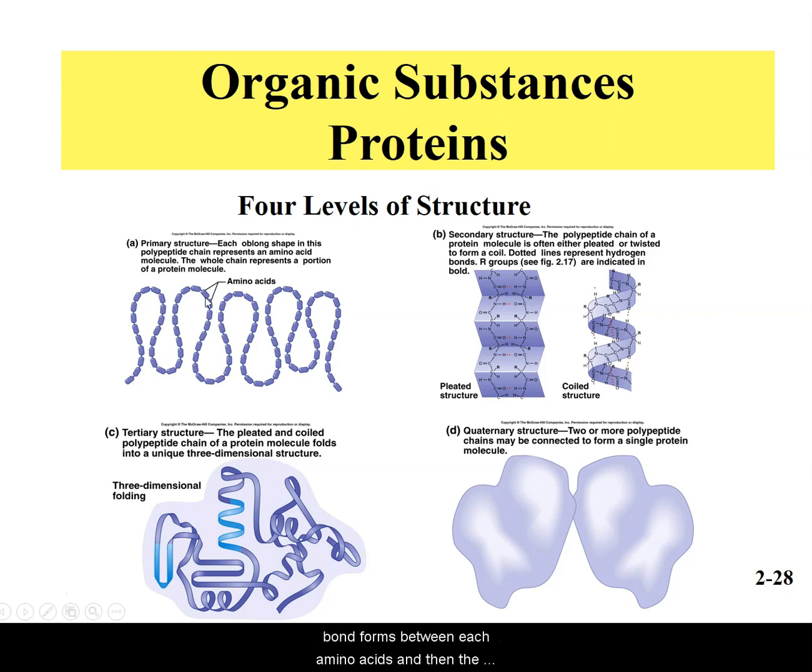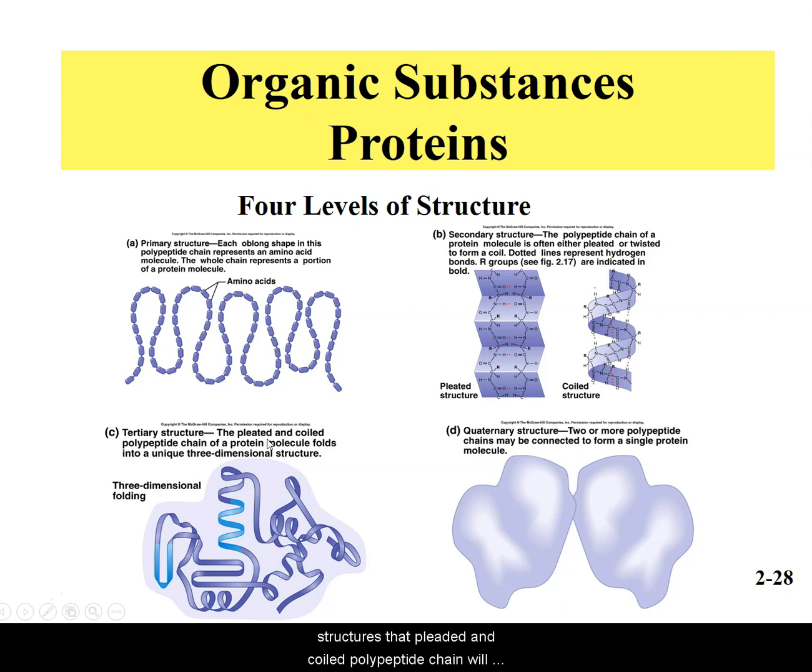As we build this protein, the peptide bond forms between each amino acid, and then the secondary structure, the polypeptide chain of a protein molecule, is often pleated and twisted into a coil, and the dotted lines represent those hydrogen bonds, easily formed and easily broken.